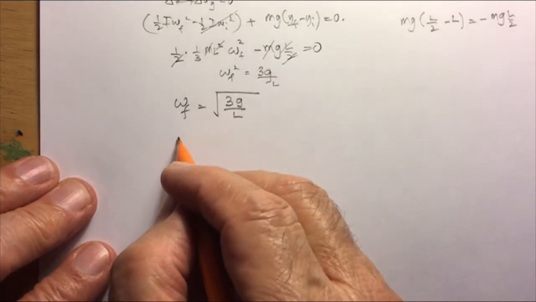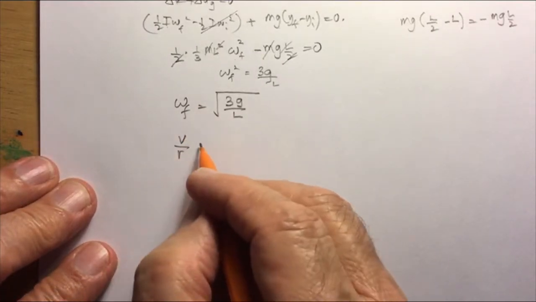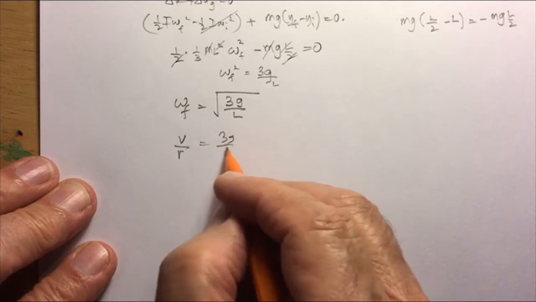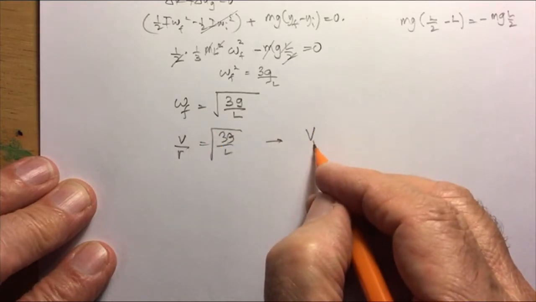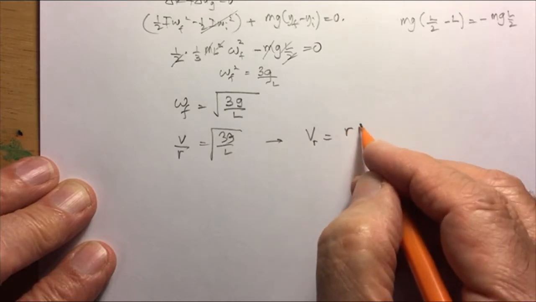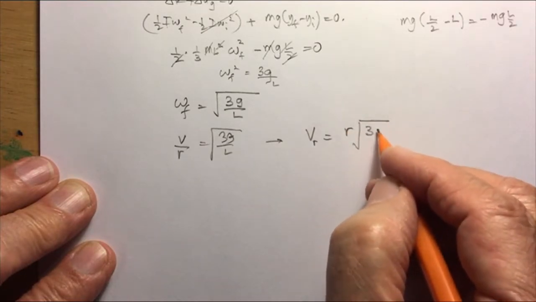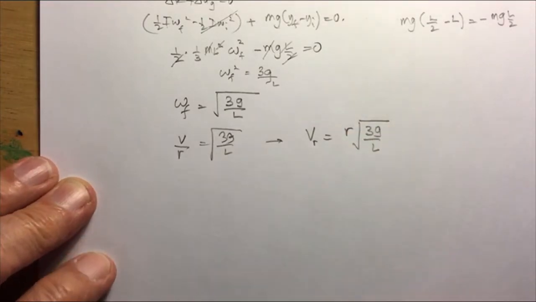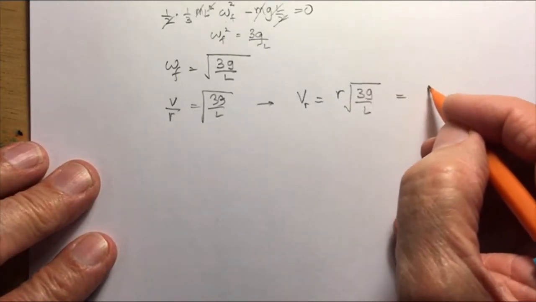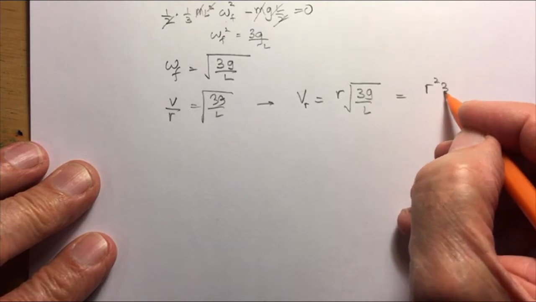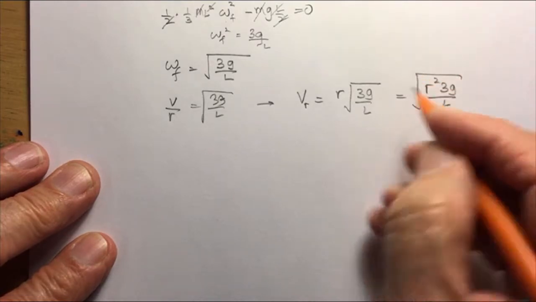So this becomes v over r equals square root of 3g over L, and therefore v at any value of r is r times the square root of 3g over L. And we can write that also as the square root of r squared times 3g over L, taking the r inside.